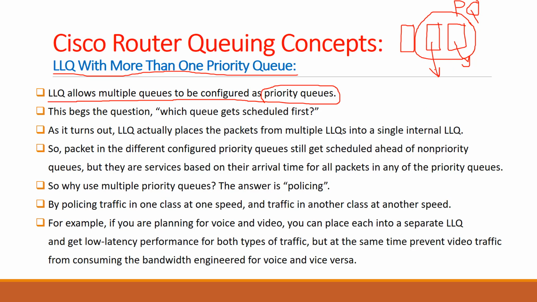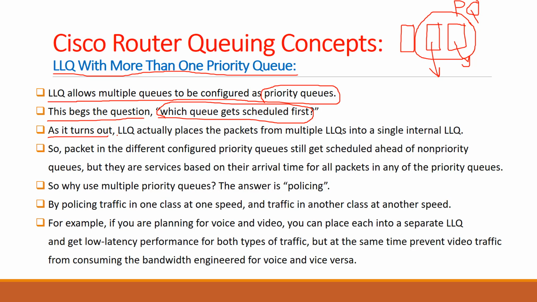One will be preferred over another, or one will have specific reserved bandwidth, and so on. When you have multiple queues configured as priority queues, this begs the question: which queue gets scheduled first? Because both are priority queues.